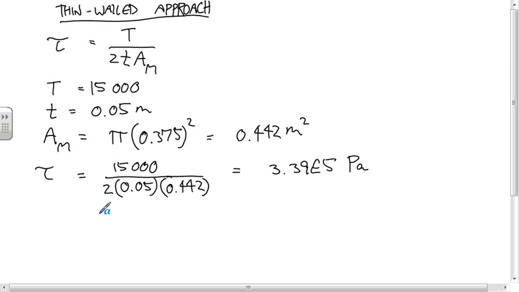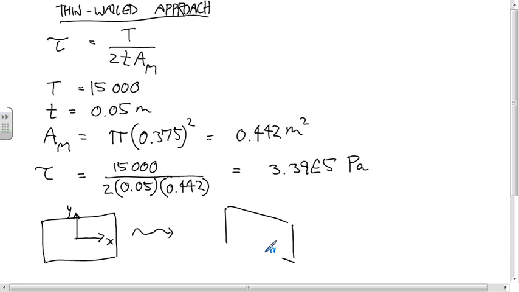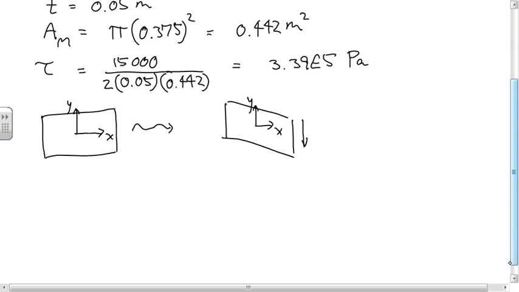And now you have to think about the directions again. So we've already done this, but this is what you would have to do if you hadn't already done that other approach. So here's the coordinate system. And what's the deformation of this rectangle going to look like? The right side is going to be down, left side is going to be up. And so we have a shear stress on the x face parallel to y in the negative y direction. And so the stress tensor at A is equal to the stress tensor at B according to this approximation.